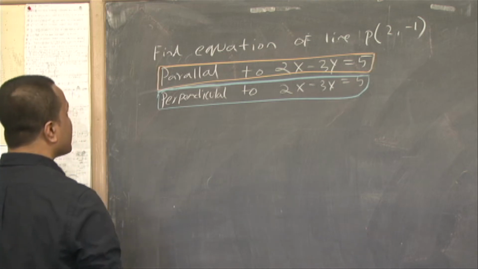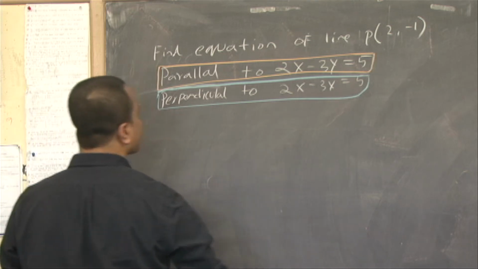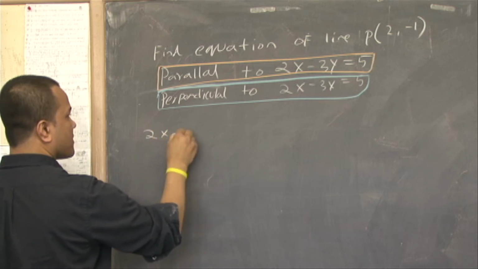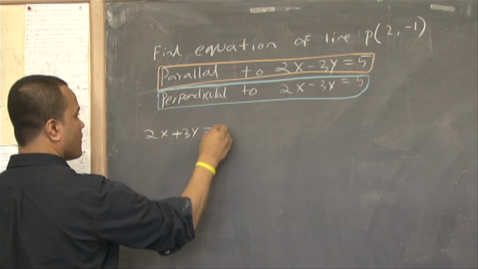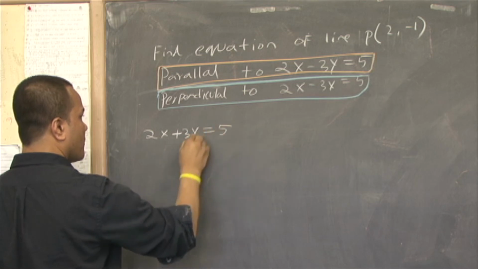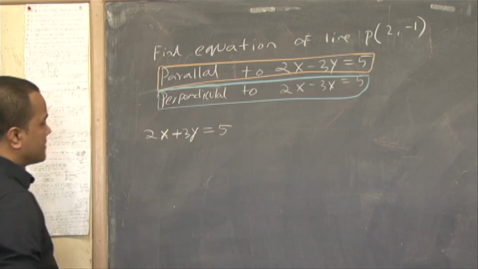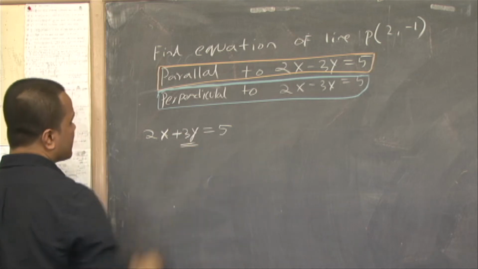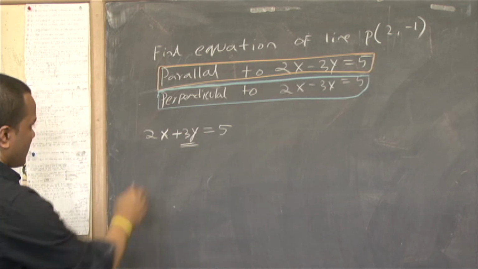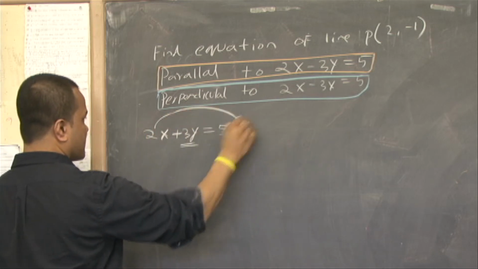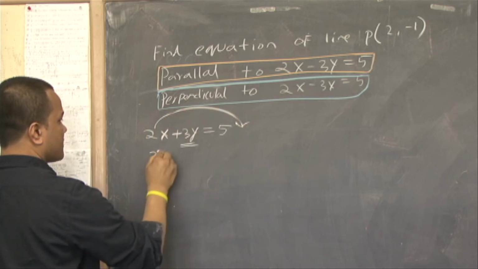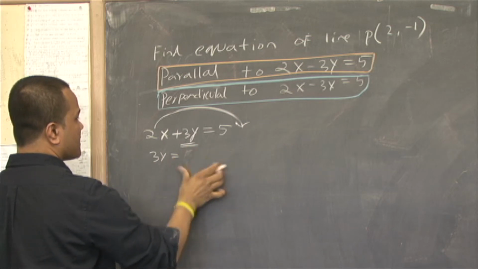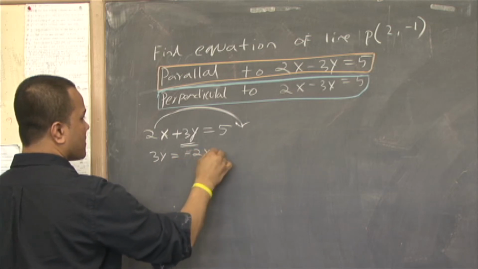Step 1: the equation is 2x minus 3y equal to 5. So what are we going to do? We're going to isolate y. To isolate y, we're going to send this guy to the other side. So 3y equal to minus 2x plus 5.